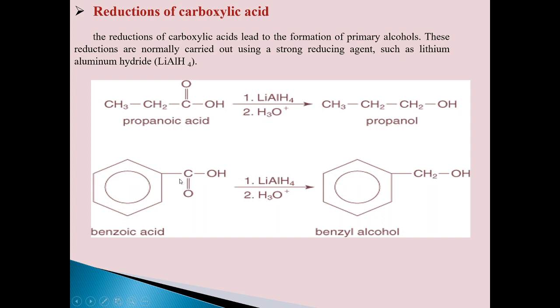And here is the formation of benzyl alcohol. The OH group is attached, giving a primary alcohol. You can take aldehydes, ketones and carboxylic acids, and the alcohol is formed with the same reagent. Whether a primary or secondary alcohol forms depends upon the reactant, but the reagent is the same.